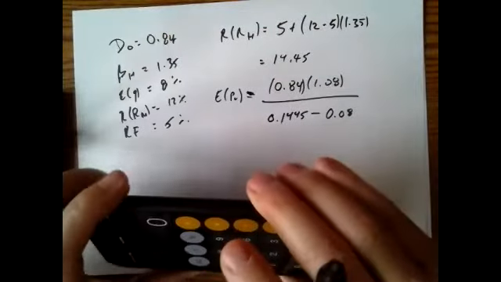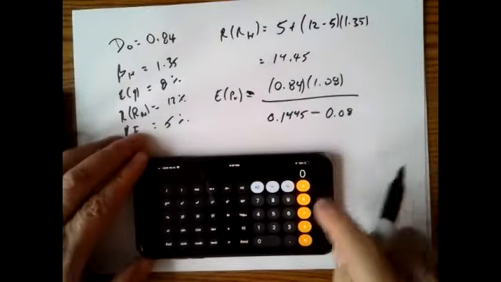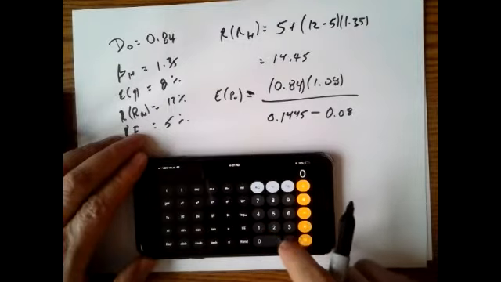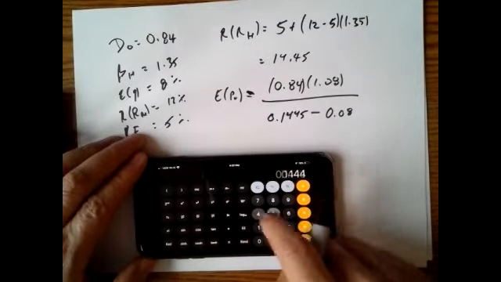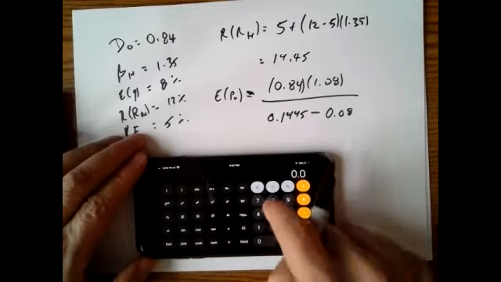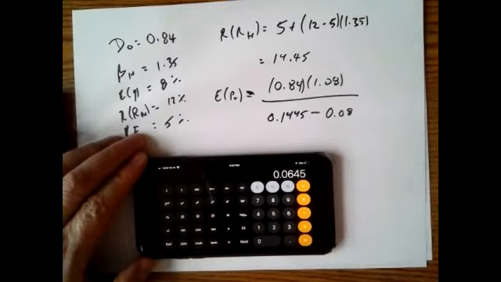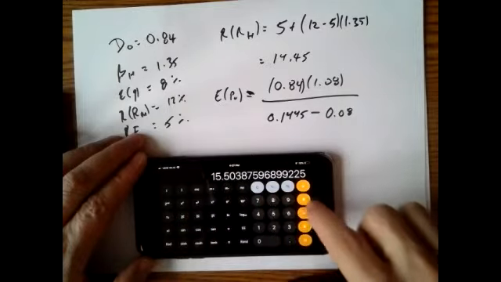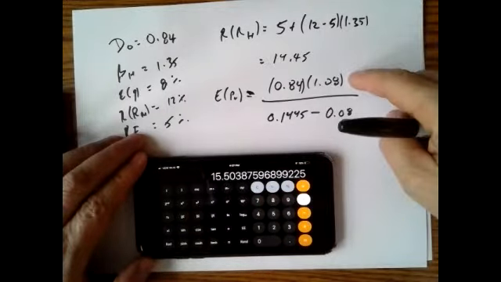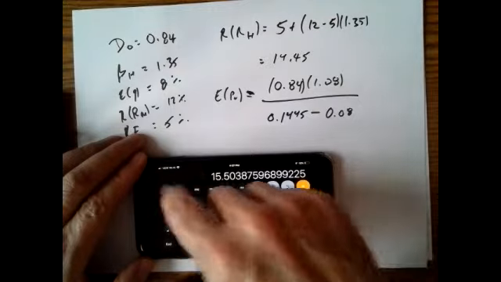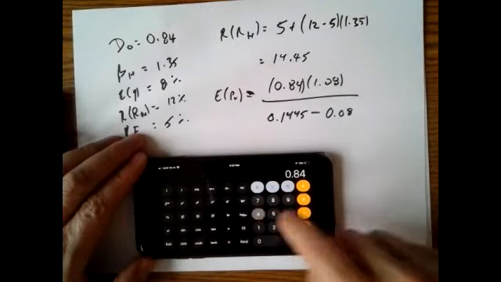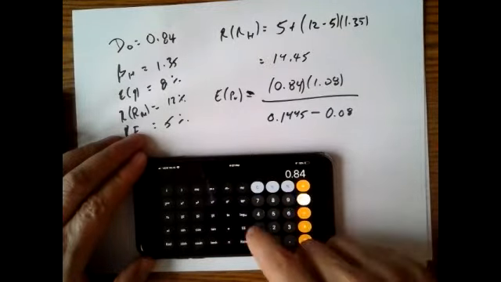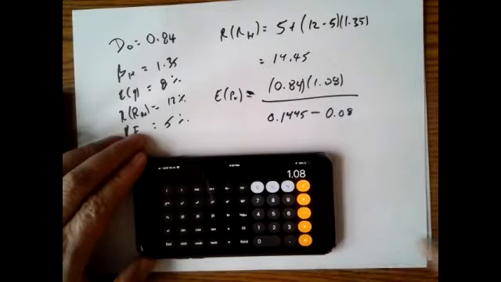Okay, so let's do this again. I'll start with the denominator. 0.1445 minus 0.08 gets me 0.0645. I'm going to invert that, times my numerator, 0.84 times the growth rate, 1.08.